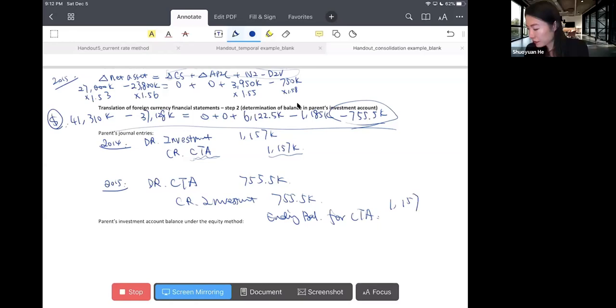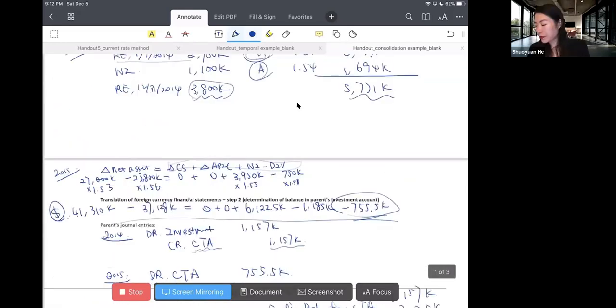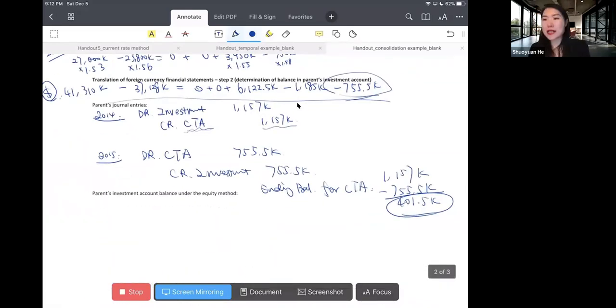So that will give us 401.5 thousand. And this amount is exactly the amount that is on the firm's balance sheet, because this amount is the cumulative amount. And the journal entry we make is the change in that amount.